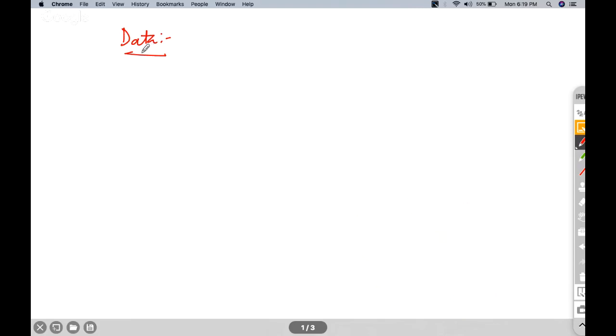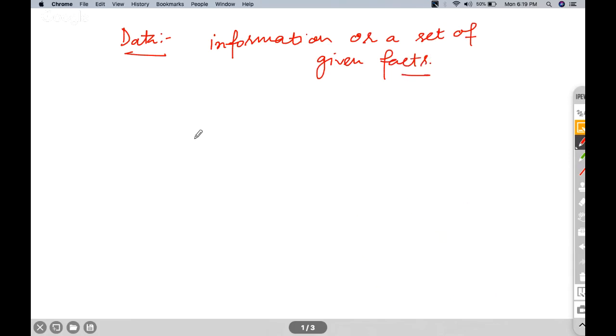Now the other word in my discussion was data. What is data? Data is nothing but information or a set of given facts. This is what data means. Now, as we know data, let me go to types of data. Data is categorized into two parts: primary data and secondary data.